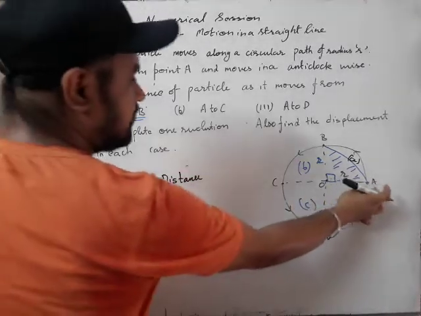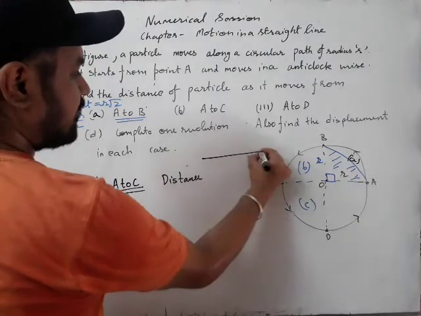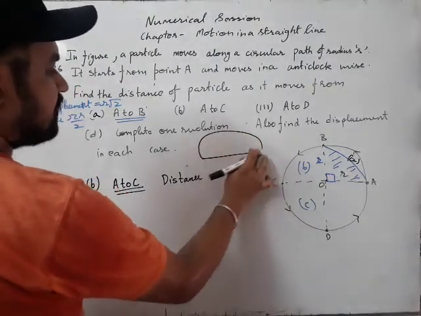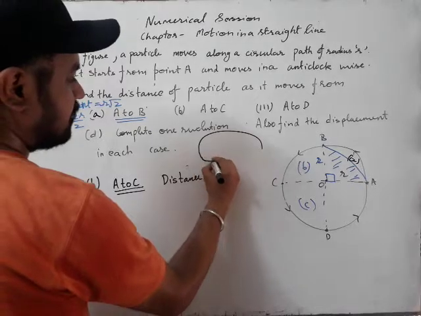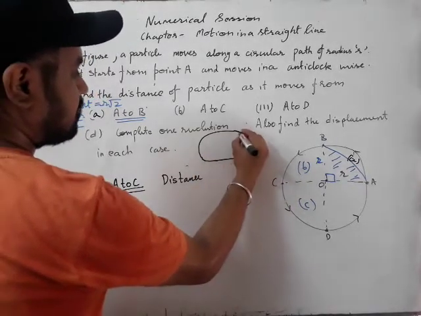You can see that for A to C, half of the circle is completed. If I redraw it here, half of the circle is completed, that means it is a semicircle.